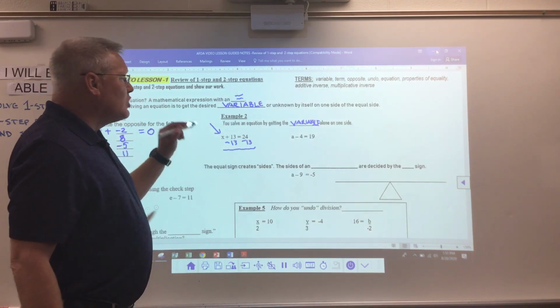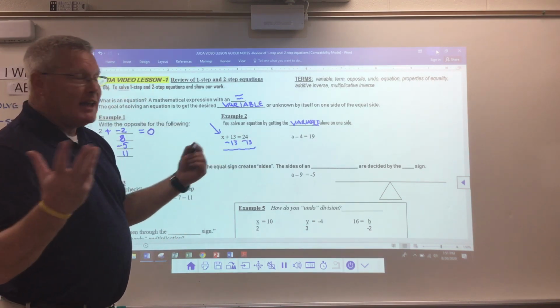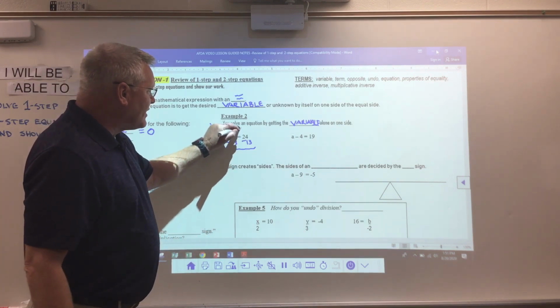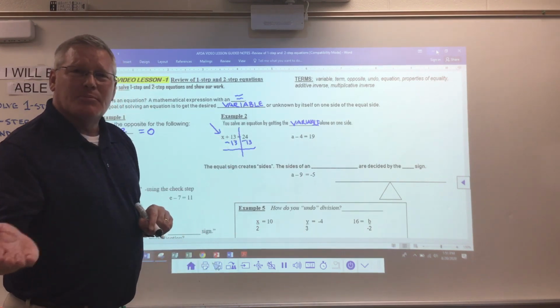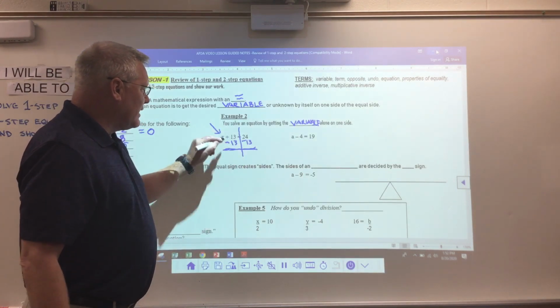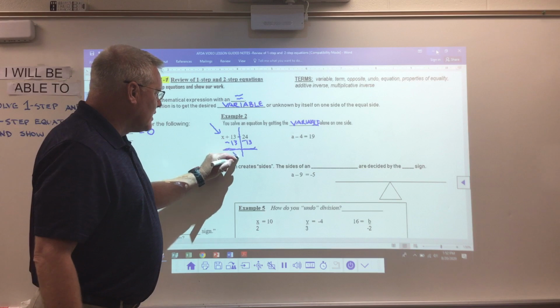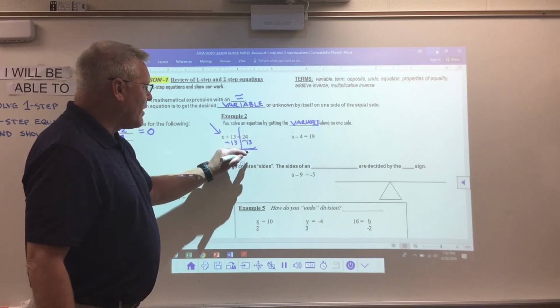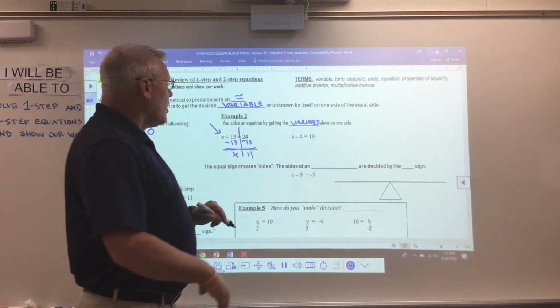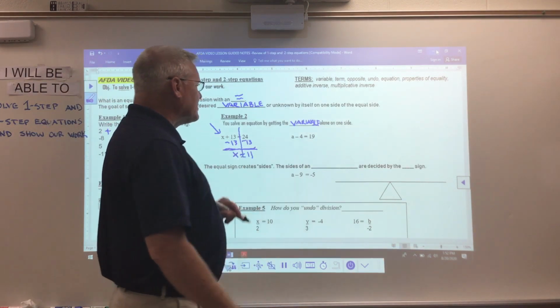So the sides are divided by the equal sign, right through there. And maybe some of y'all drew a river or a fence through there. If you like doing that, please continue to do that. So I'll draw this line right here to clean this up. And I got x over here, and 24 minus 13 is 11. So we'll put that guy right there, put an equal sign in there.